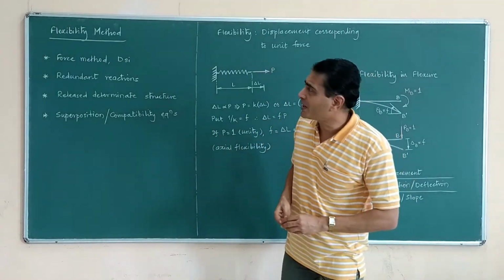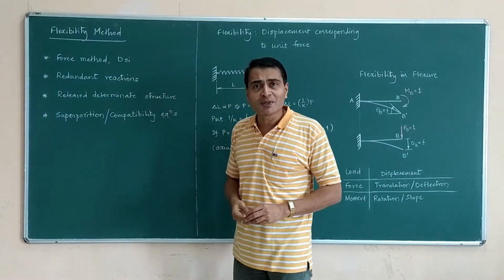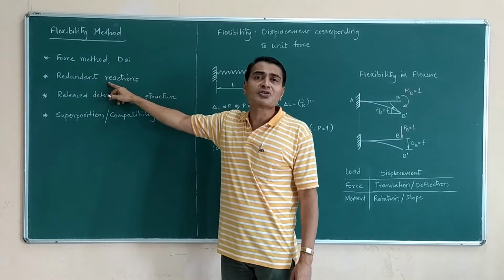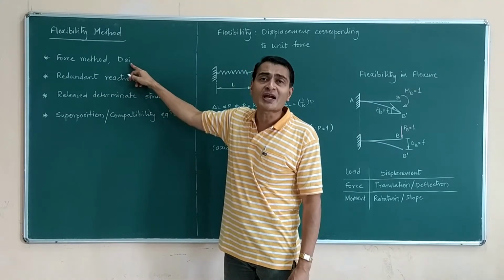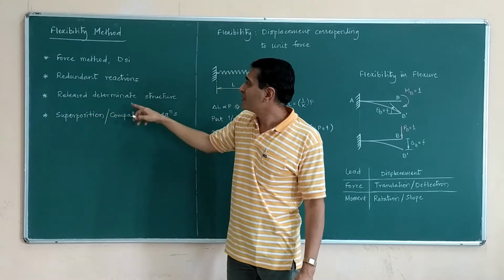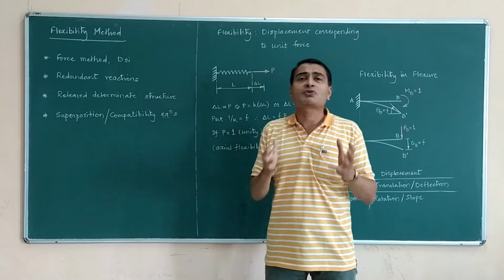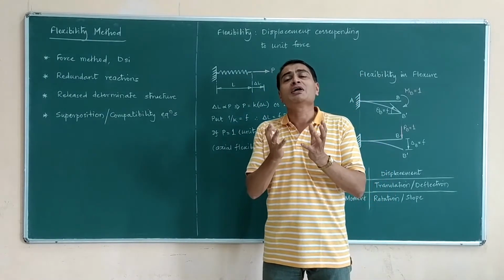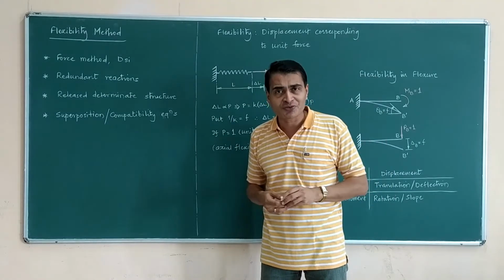So let's see what we have here in the introduction. We are discussing flexibility method, which is a force method, and our focus is redundant reactions, that is degree of static indeterminacy. Released determinate structure we create. The first step after identifying number of unknown reactions, we first have a released structure, a determinate structure which we analyze.